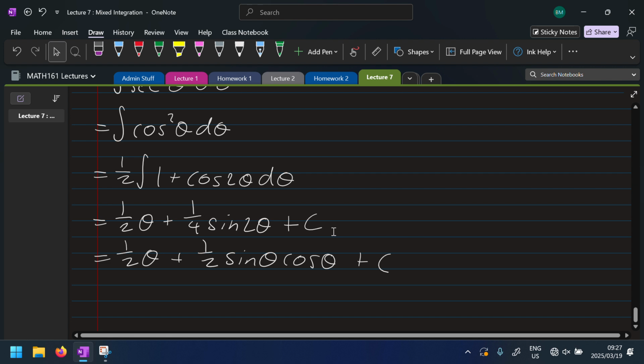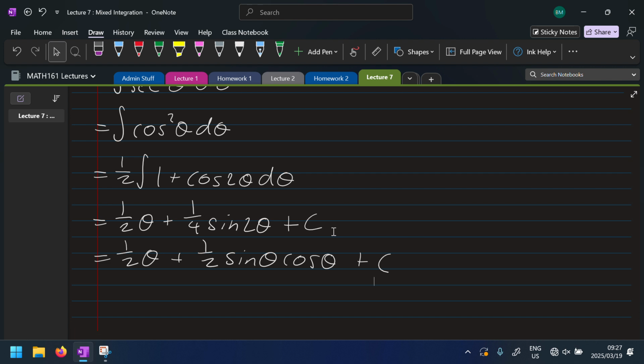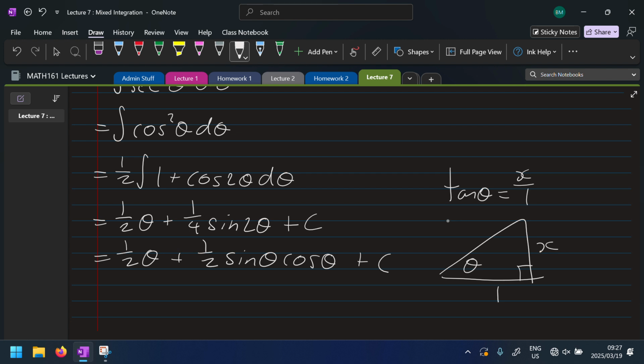So what we want to do is go back to x for the theta, the sine theta, and the cos theta. We're given tan theta. So we know tan theta was x over 1. So we can draw a little triangle. So that's x, that's 1.